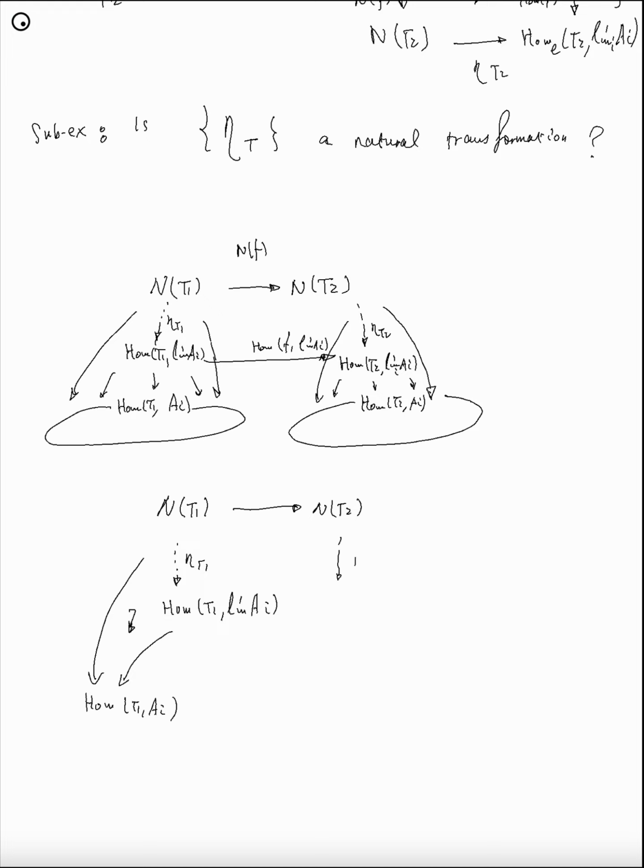Then here eta T2, Hom T2 lim A_I, Hom T2 A_I. The diagram commutes.